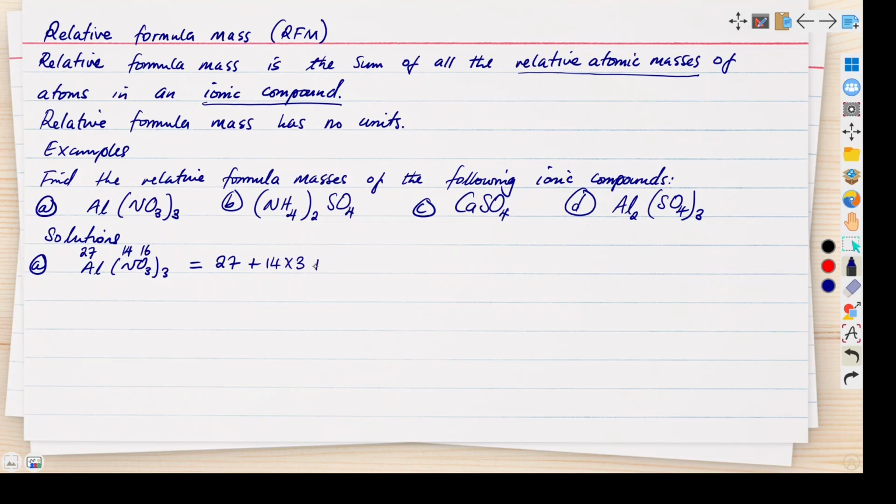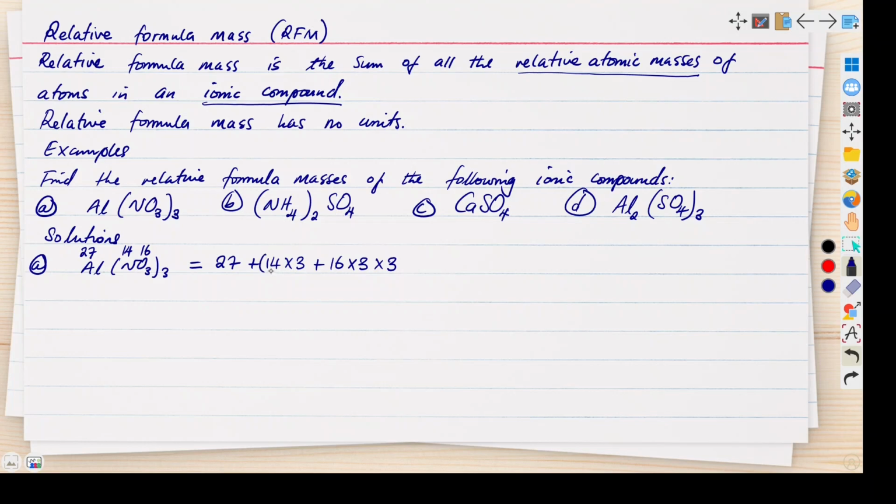Then you say plus, then for oxygen 16. Now you see that down by oxygen there's a 3, meaning there are 3 atoms of oxygen, so you multiply this 16 times 3. Then because there's also a 3 outside here, you also multiply by 3 again.